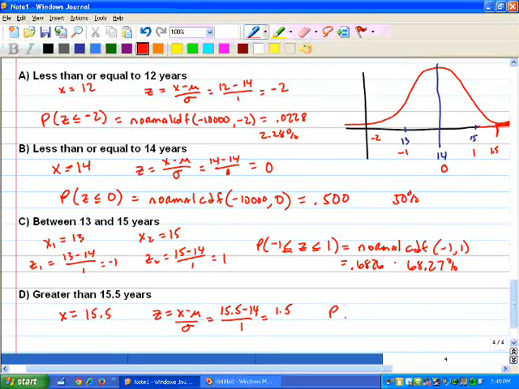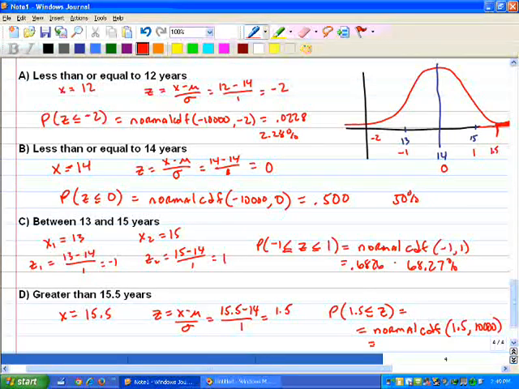The probability that 1.5 is less than or equal to z. From 1.5, we're going to use 10,000 for infinity. And see, we get 0.0668. So 6.68% is the probability that one of these dogs will live to be more than 15.5 years.